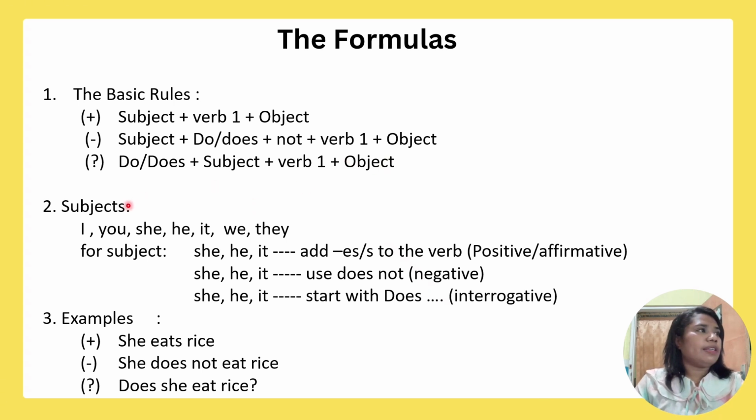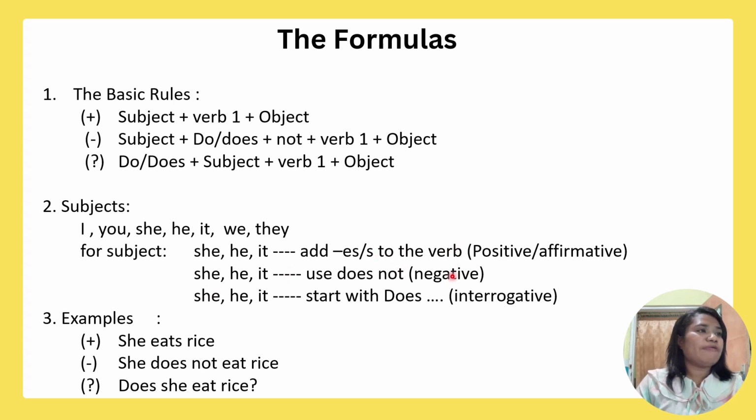As you can see here, there are several types of subjects: you, I, she, he, it, we, and they. The subjects she, he, and it we call the third person singular. For a positive or affirmative sentence, we have to add es or s at the end of the verb.